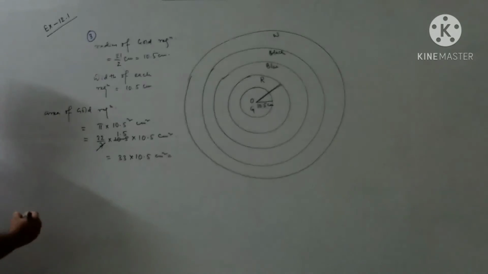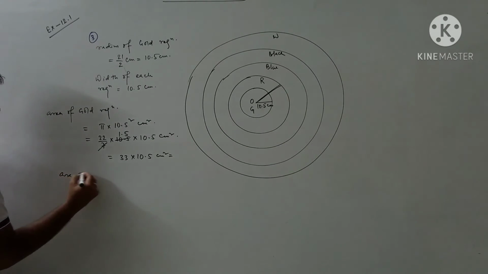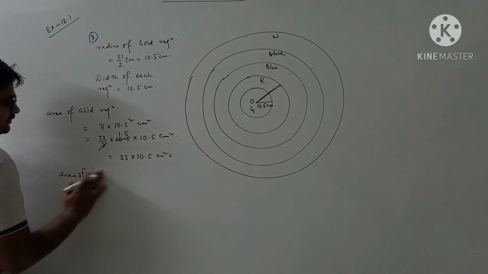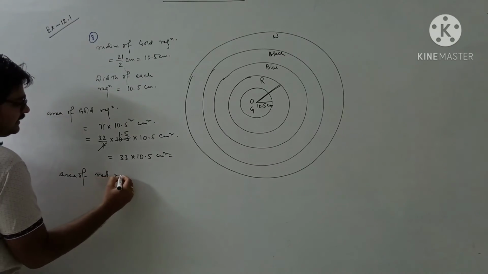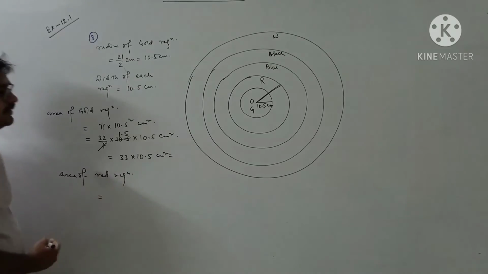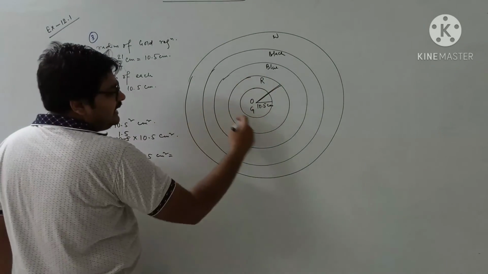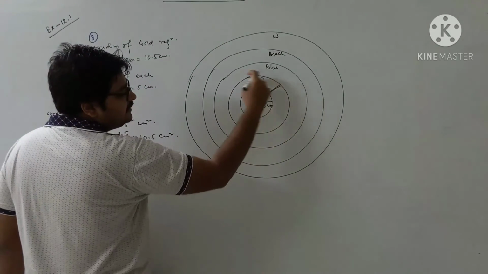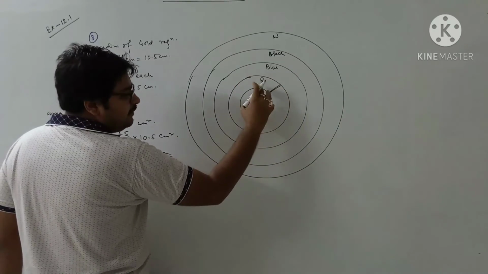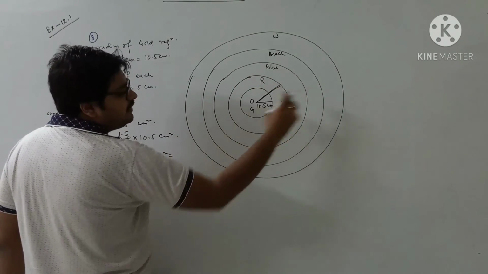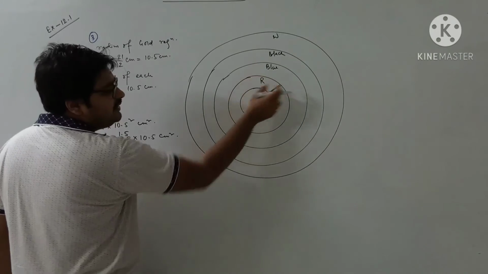Area of red region: how to find it? This bigger circle area minus the area of the gold region. Then only I will get this one.